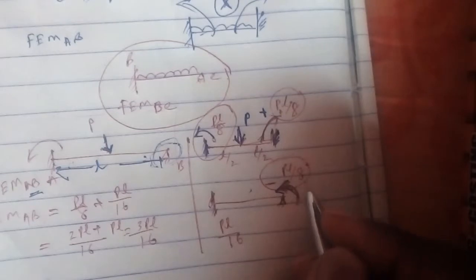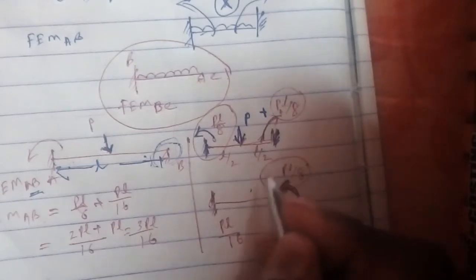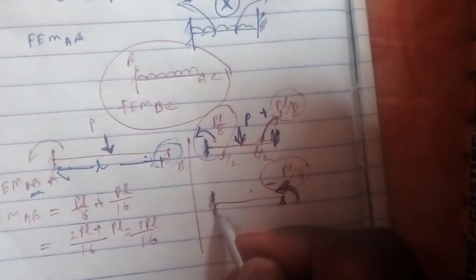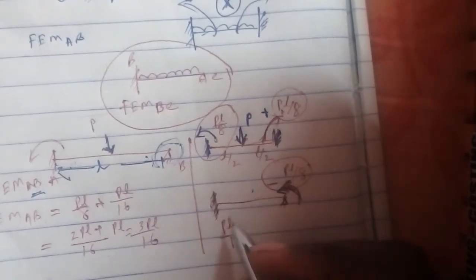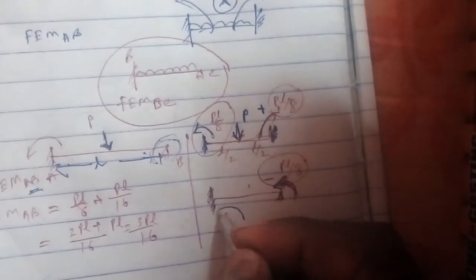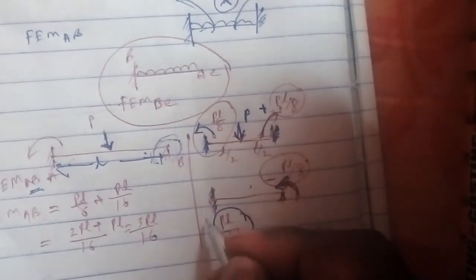If we apply this, half of the moment will carry over to the fixed end. So the moment at the fixed end will be PL by 16, that is half of the PL by 8 moment.